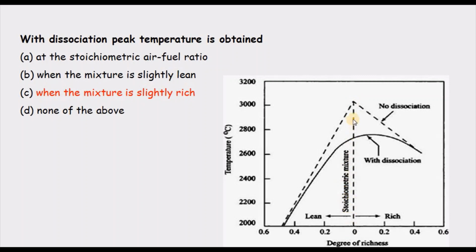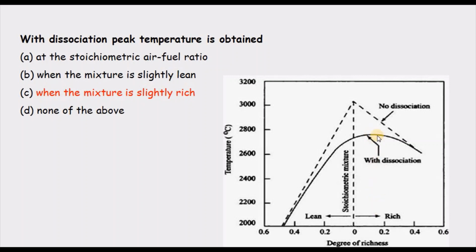Now if there was no dissociation at all, the temperature might have become maximum when it is stoichiometric. That is, if the mixture was stoichiometric and no dissociation was happening, then maximum temperature might have been attained at stoichiometric. But with dissociation, heat is being absorbed, and the net result is that the maximum temperature happens on the rich side, that is here.